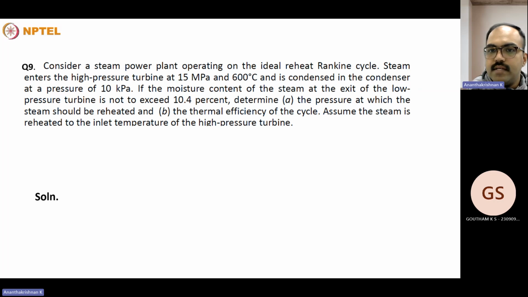The steam enters the high pressure turbine at 15 megapascal and 600 degrees Celsius and is condensed in the condenser at a pressure of 10 kilopascal. If the moisture content of the steam at the exit of the low pressure turbine is not to exceed 10.4%, determine A, the pressure at which the steam should be reheated, and B, the thermal efficiency of the cycle. Assume the steam is reheated to the inlet temperature of the high pressure turbine.